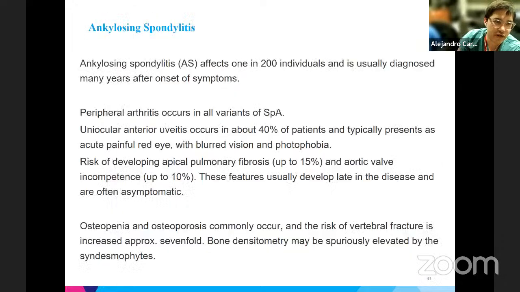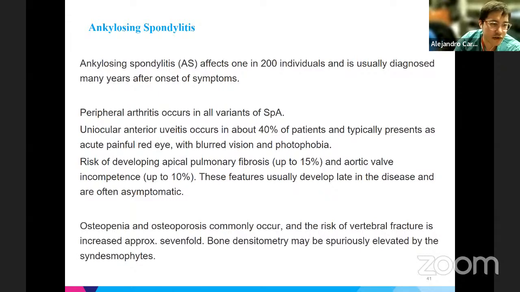And this is central to ankylosing spondylitis. It's fairly common, affects 1 in 200 individuals. And it often occurs with other peripheral arthritis.